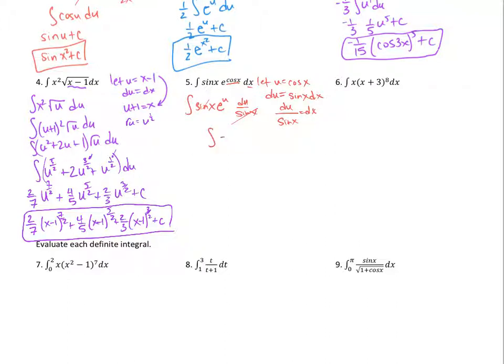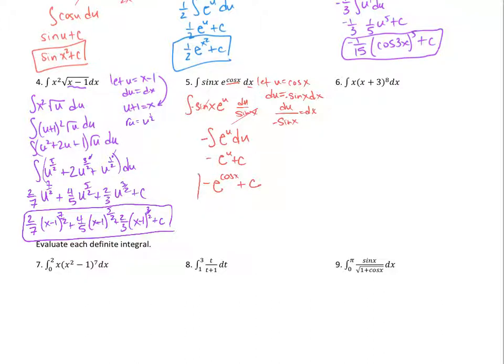So we've got the integral of e to the u du, which becomes, actually, this cosine derivative is negative sine. I just realized that. So I need a negative out here. So this becomes negative e to the u plus c. And I will make my resubstitution, so negative e to the cosine x plus c.